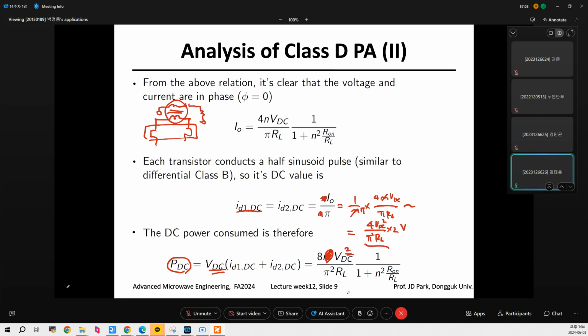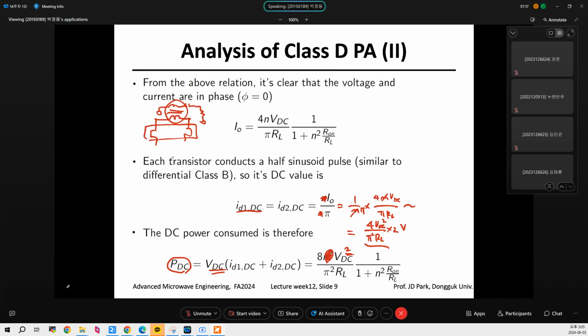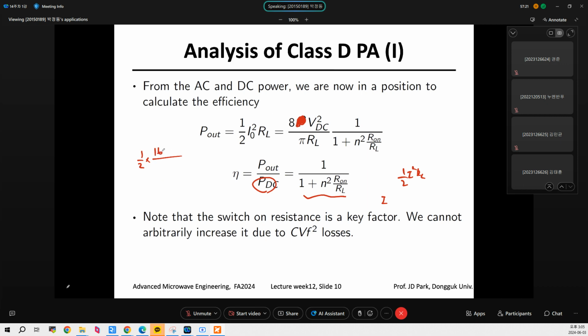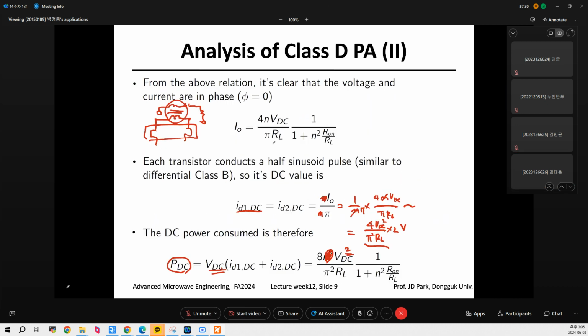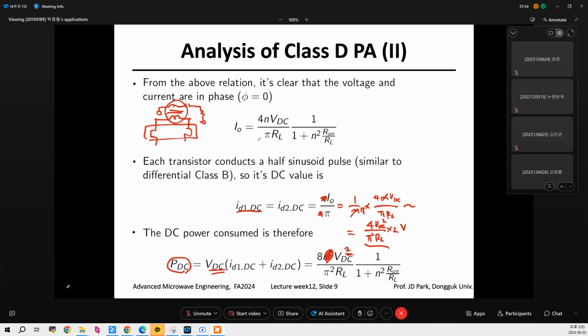Okay, so 1/2 of I scale RL is what? Half of I scale, I scale is what? 4n, right? So 16, and n scale and VDC scale, right? And this is a pi scale, and this is RL scale.